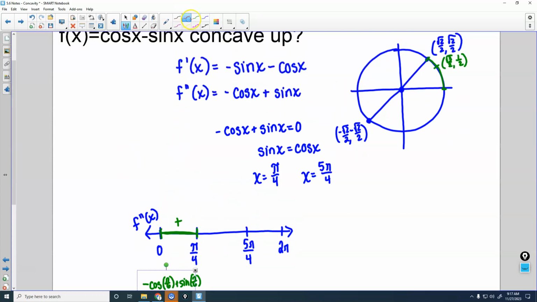Then we are looking at our next segment from pi over 4 over to 5 pi over 4. So on the unit circle, we're looking at this part. You can choose anything here. I would suggest either this point or at 180, because they're a little easier to deal with. This is 0, 1 for our coordinates right here.